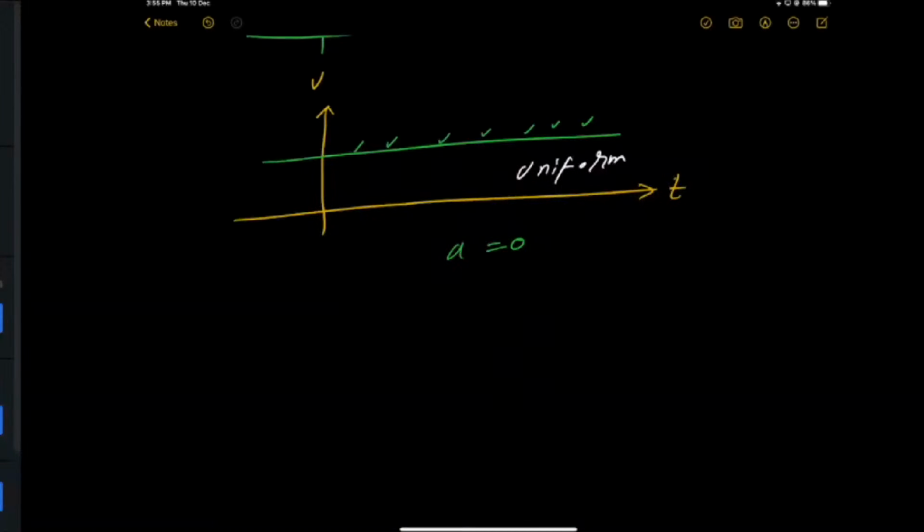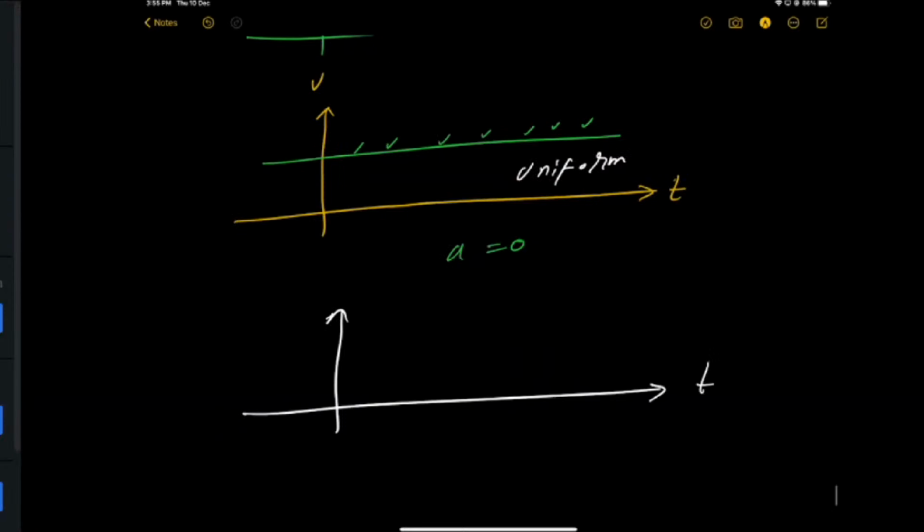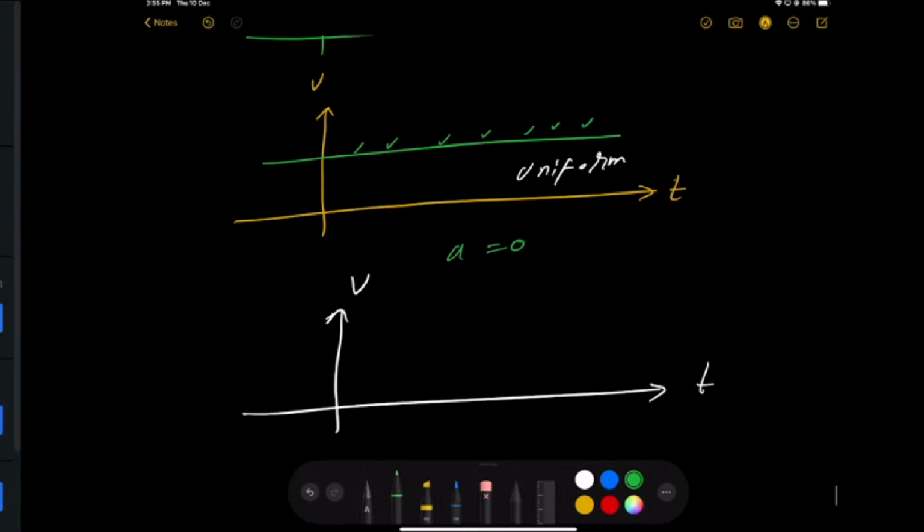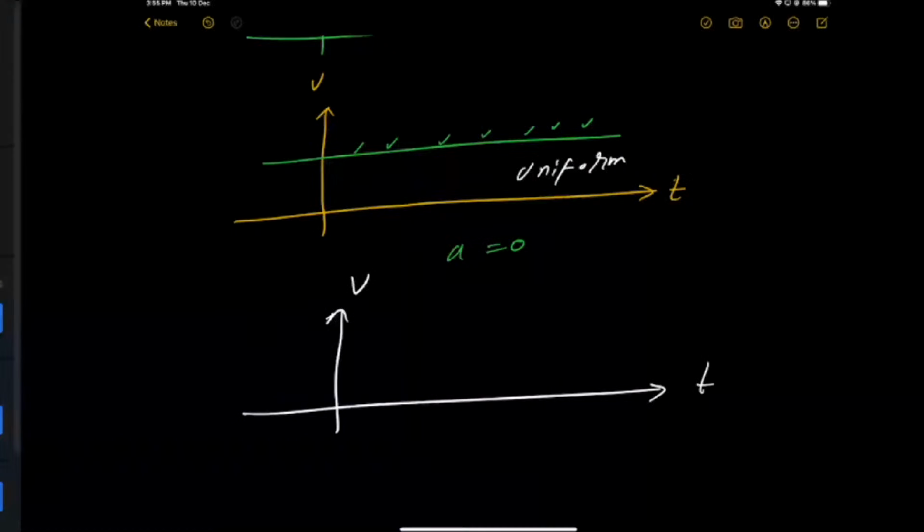What about this graph? Time versus velocity. If the particle is at rest, velocity will be zero, right? So the graph will be like this. The value is zero as well as the slope is zero. If slope is zero, acceleration is zero. If acceleration is zero, this is also uniform motion.